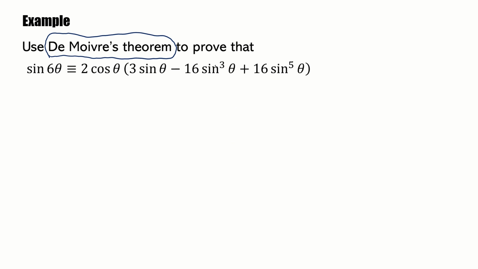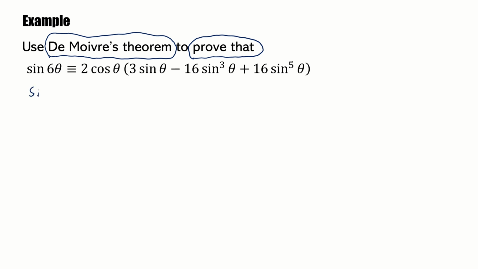But also the other key important point is it is a prove that question, which is important because, as always, for a prove that question, it means we have to make sure we're showing enough working, not skipping steps, etc, etc. So with that said, let's get on with it. The first thing you need to do is you need to use the key fact we just mentioned.